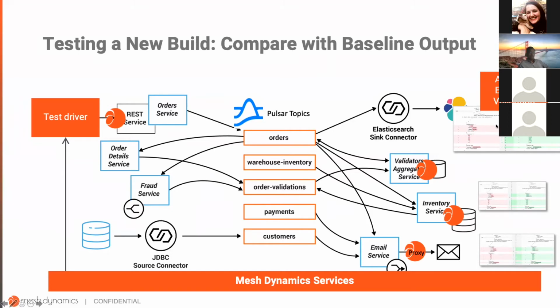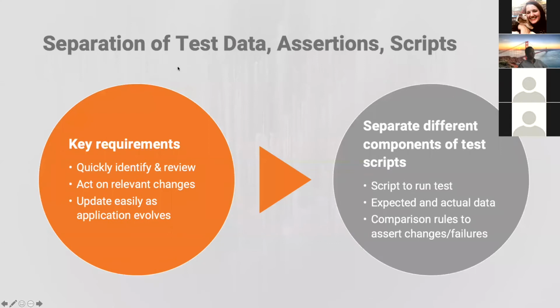And there are a bunch of requirements that we need this comparison to enable so that we can actually use it for testing. Let's dig into what those requirements are. I'm looking at the actual and the expected output. First of all, as an engineer, I need to be able to quickly identify the places where there are changes and review those changes.